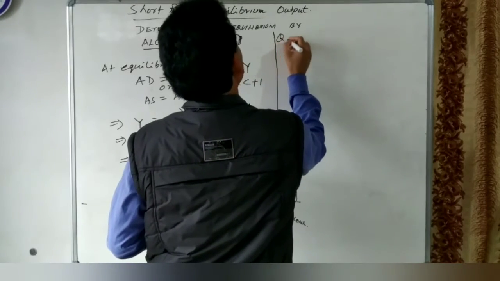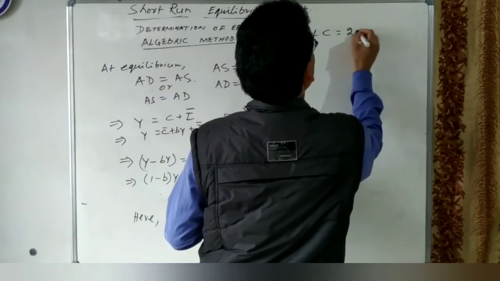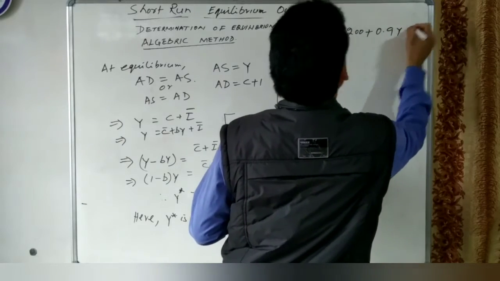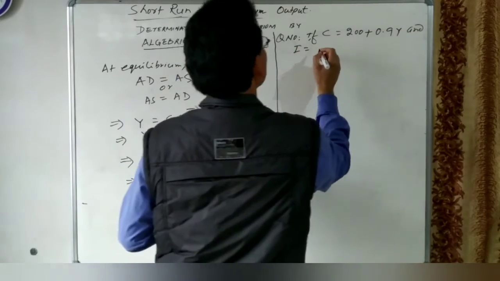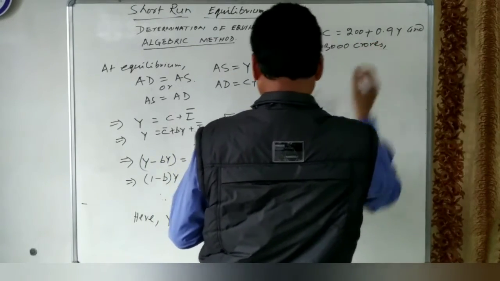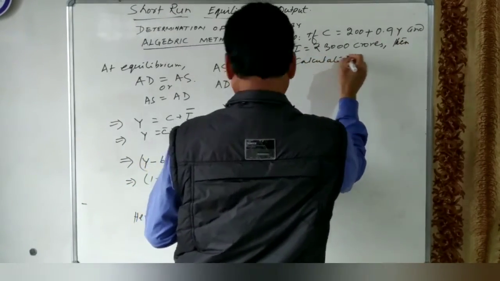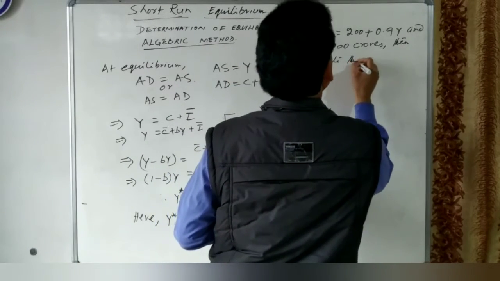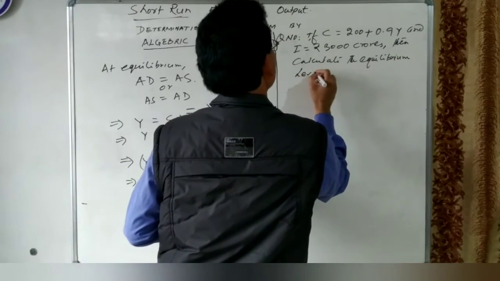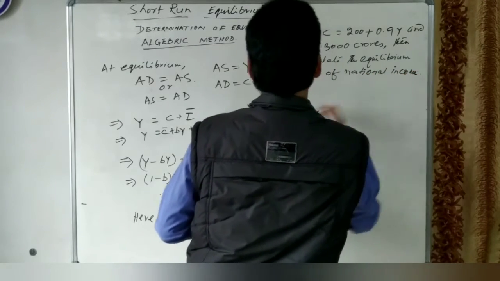Question number one: if C is given as 200 plus 0.9 Y and investment is given as rupees 3000 crores, then calculate the equilibrium level of national income. Let us see how to calculate this.